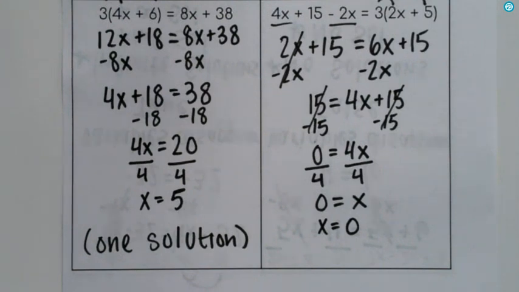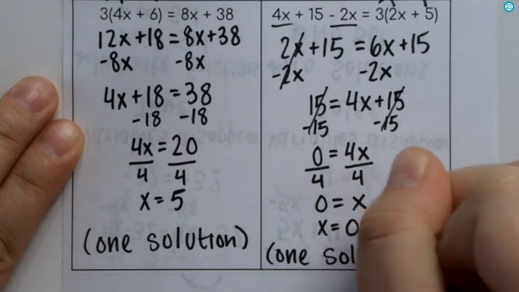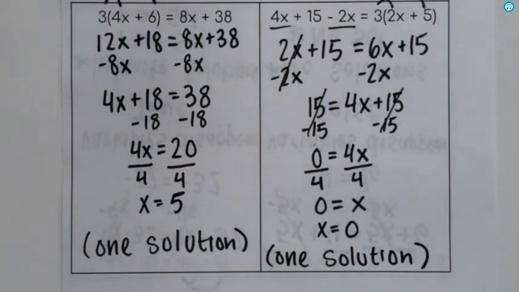Okay, how many solutions do I have to this problem? You're right. We have one solution. So this problem, even though the one solution happens to be 0, we have one solution, okay?